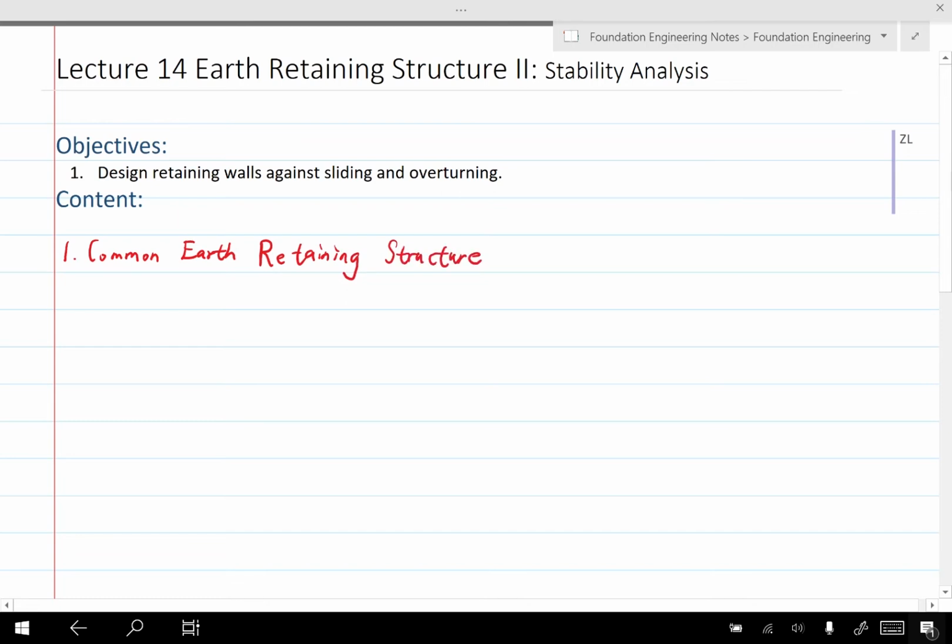There are different types of earth retaining structures, temporary ones and permanent ones. Here we are focusing on the permanent earth retaining structures, primarily retaining walls. For retaining walls, one of the most common type is the gravity wall. So the gravity wall is just like a very big block of concrete or masonry.